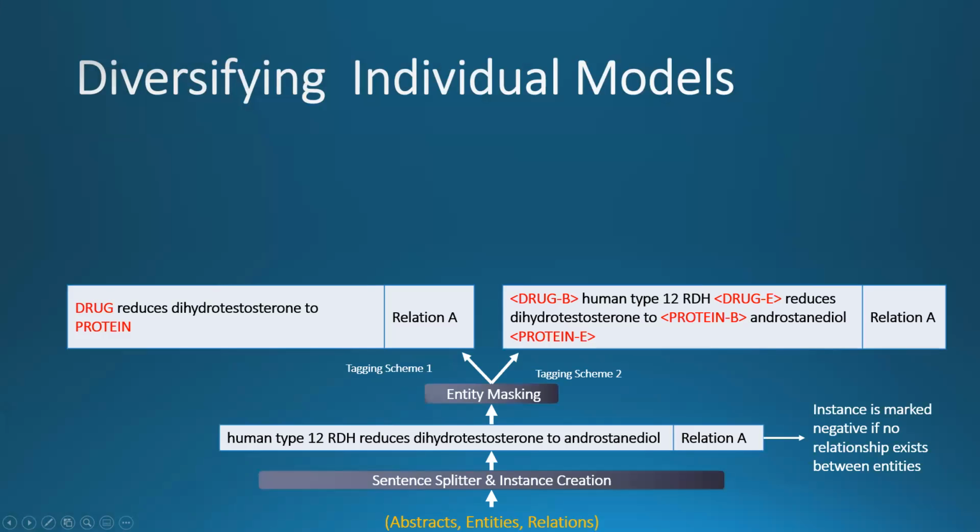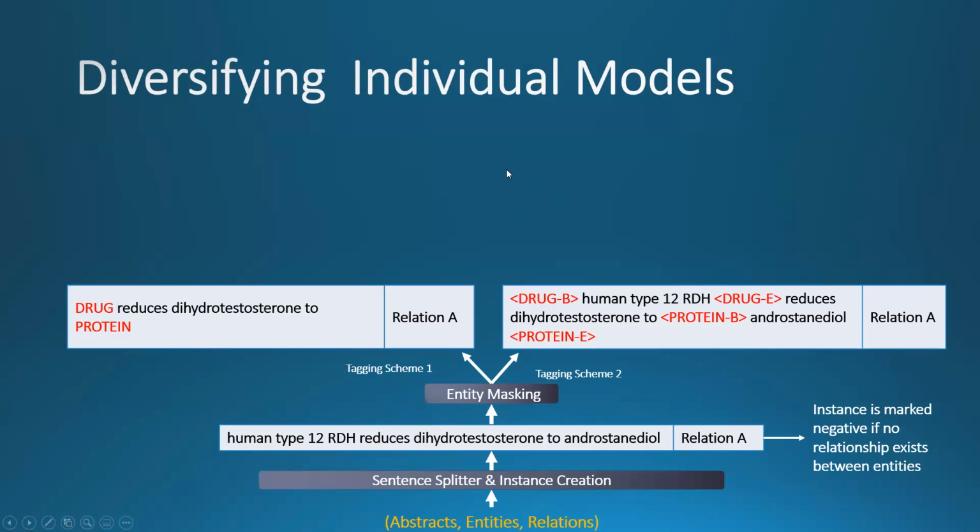We were provided with a set of abstracts, entities, and relations. We first split the raw text into sentences, and we discovered that all relations in the DrugProt corpus were enclosed in one sentence. Therefore, our system considers interactions occurring only within a sentence.